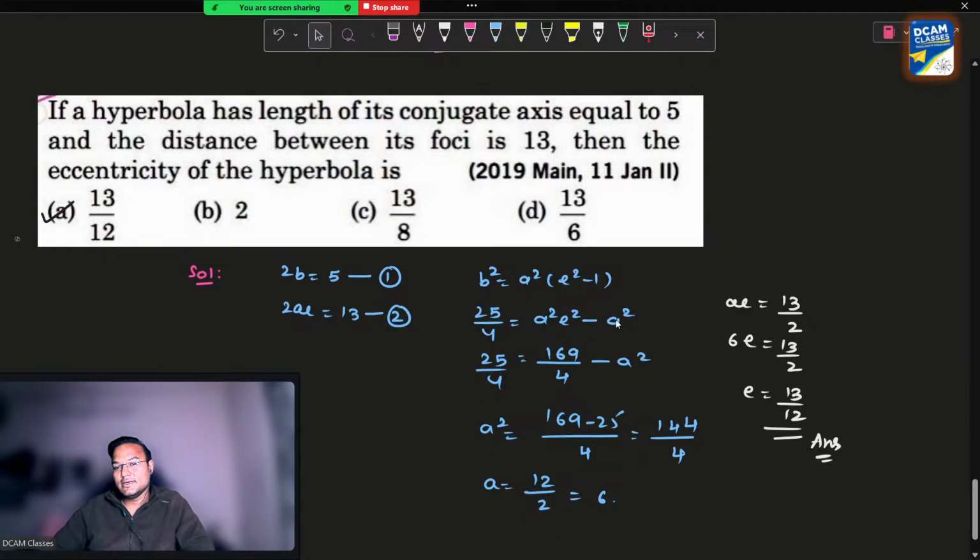Very easy. Sir, I understood from your answer. Yes, sir. You did not solve it yourself. Sir, I don't remember the formula that way. Okay. You should remember. These are the basic ones. B square is equal to a square into e square minus 1.